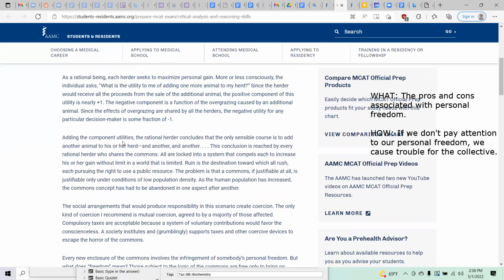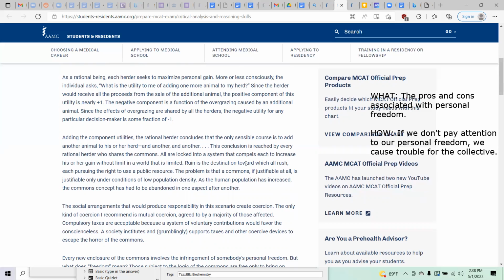Adding the component utilities, the rational herder concludes that the only sensible course is to add another animal to his or her herd, and another, and another. This conclusion is reached by every rational herder who shares the commons. All are locked into a system that compels each to increase his or her gain without limit in a world that is limited.